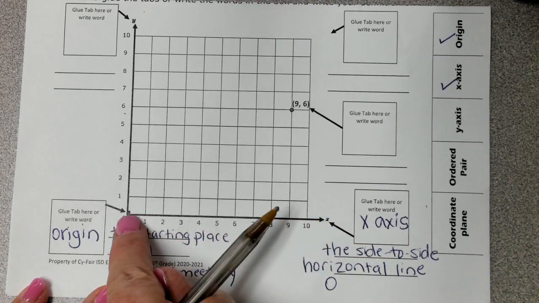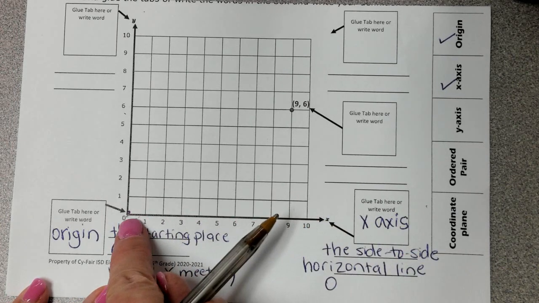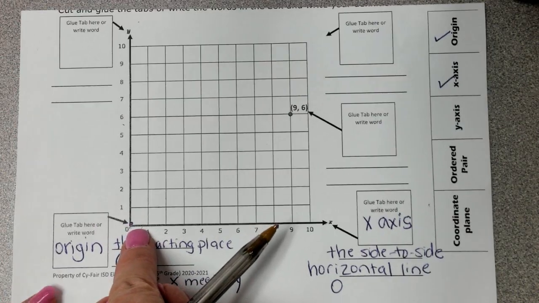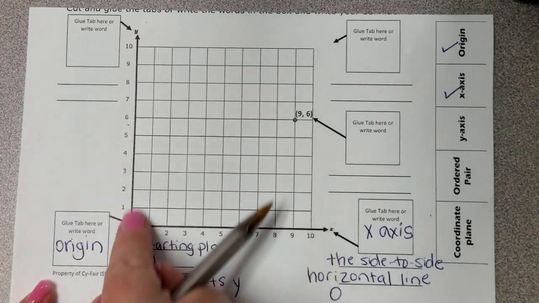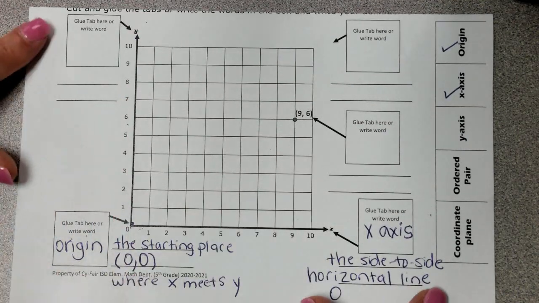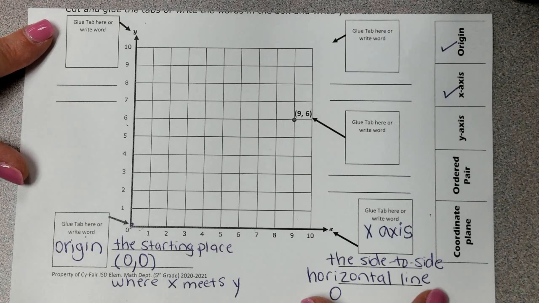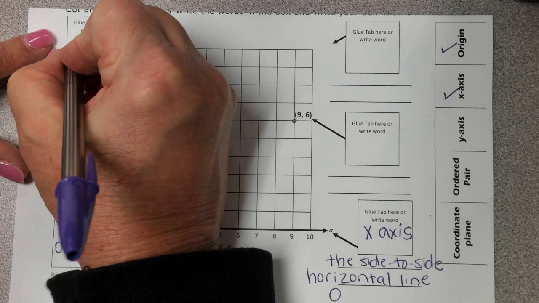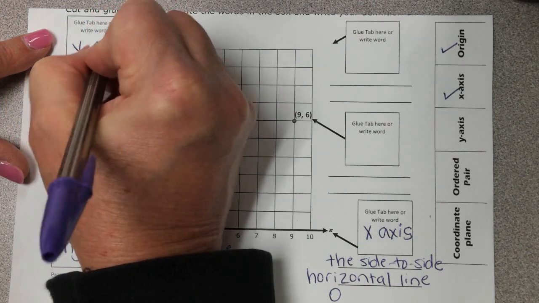So if the side-to-side zero line is the x-axis, what are we going to call the zero line that goes up and down? Up and down like a yo-yo. What are we going to call that one, Allison? Yep, we're going to call that one the y-axis.